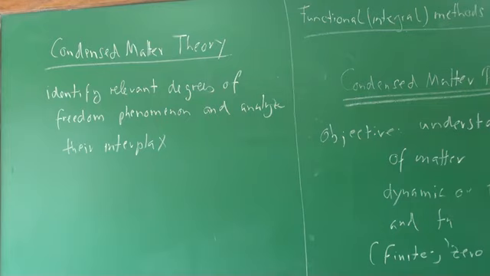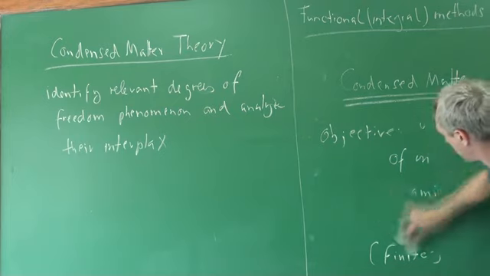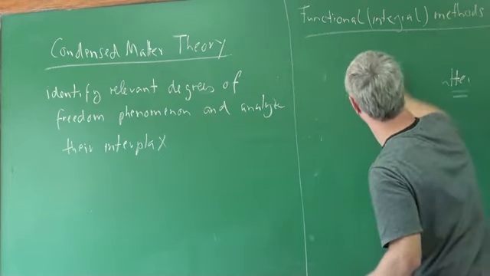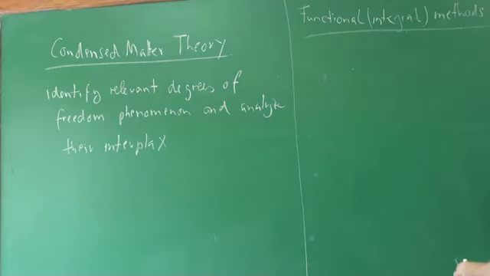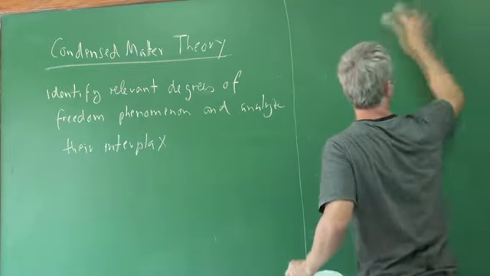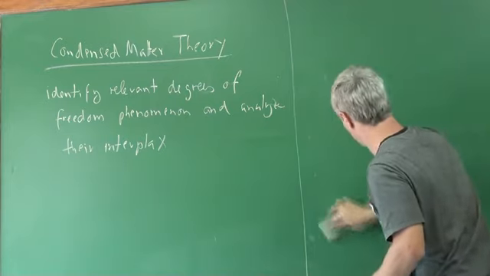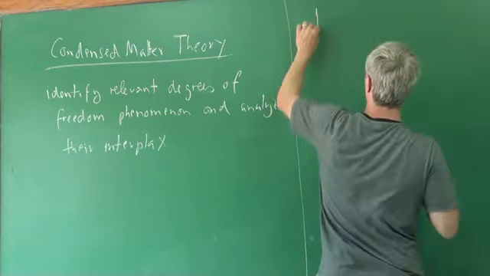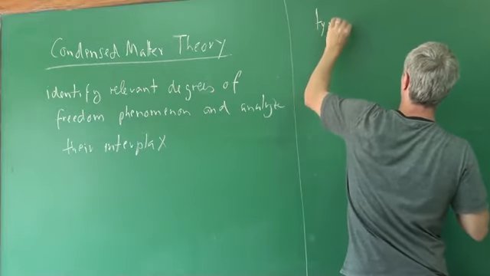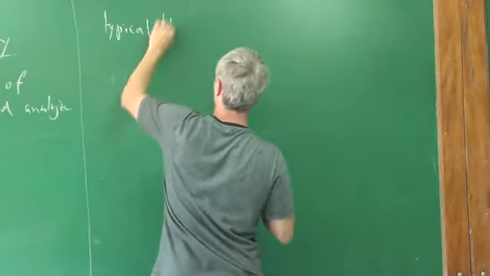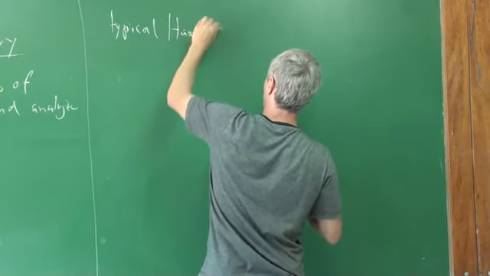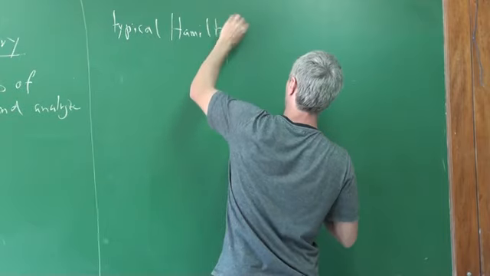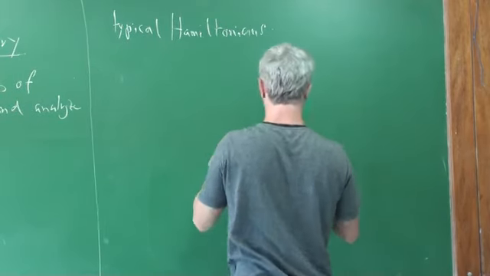And to make it a bit more concrete, I will write down a couple of typical Hamilton operators that we use to model systems, just to give you some idea of the typical models that we start out with to describe some theory microscopically, and from which we then want to arrive at an effective theory. So the typical Hamiltonians are of the following form.